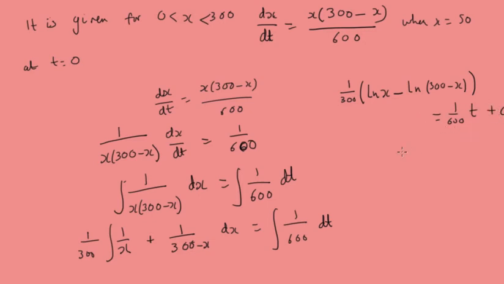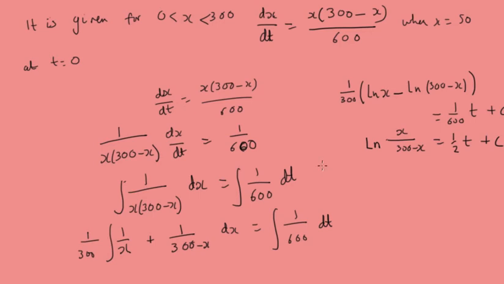Now those can cancel out, and rearranging it with the rules of logarithms, log of x over 300 minus x equals half t plus c.